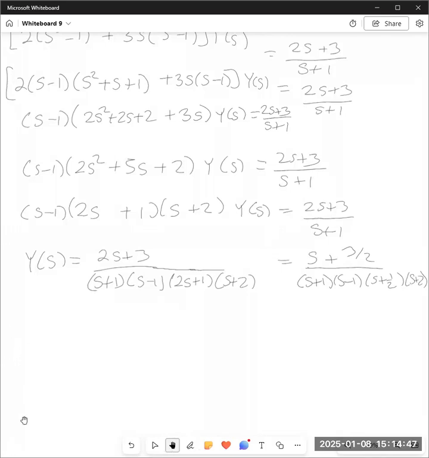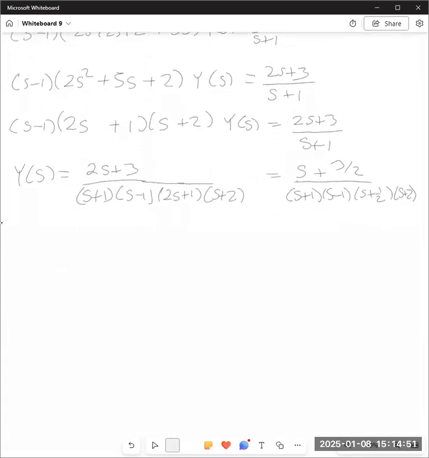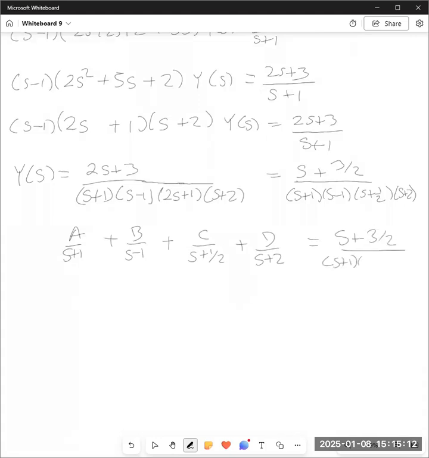So that means that I'm going to split this into a over s plus 1 plus b over s minus 1 plus c over s plus 1/2 plus d over s plus 2 is equal to s plus 3/2 over all of this.